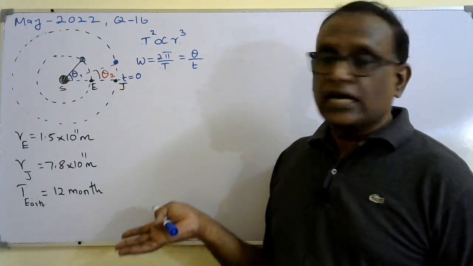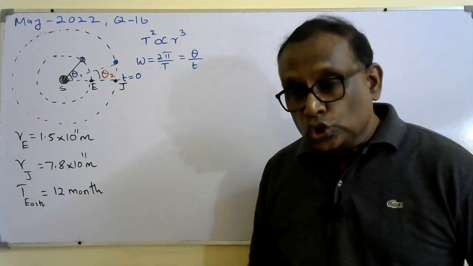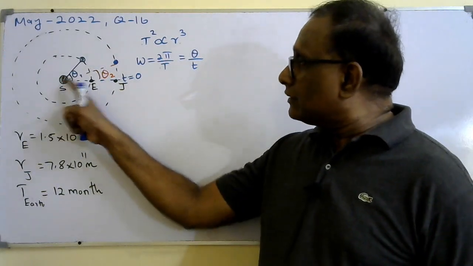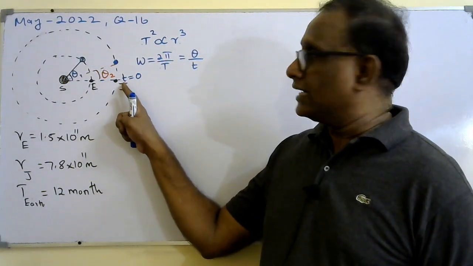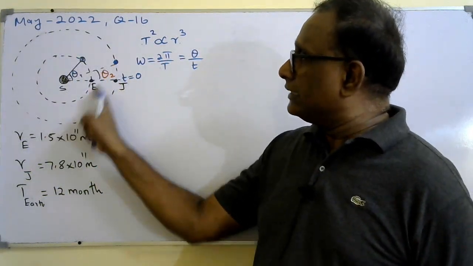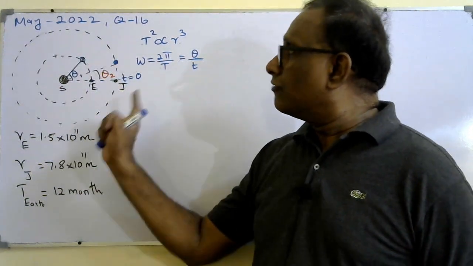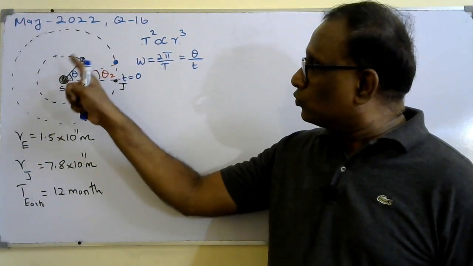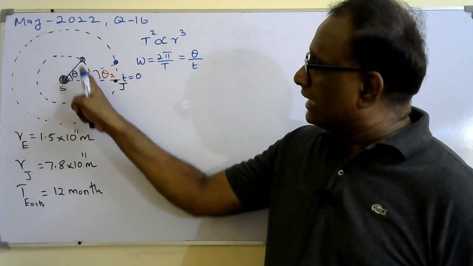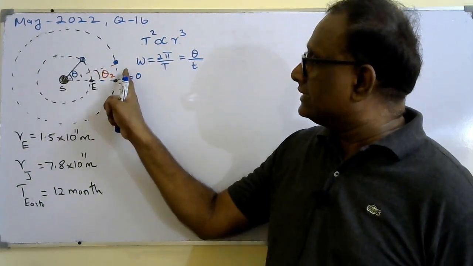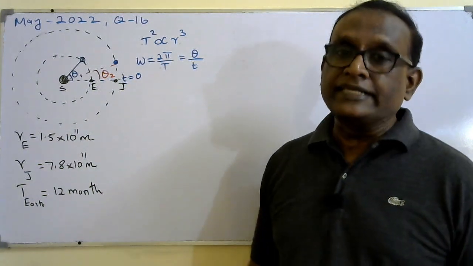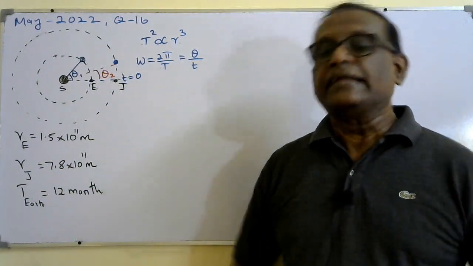We don't know they will meet at the same position, we can't say. Maybe this would have completed 5 orbits, this would have completed 4 orbits, means the change in central angle of the Earth minus change in central angle of the Jupiter, when it is 2 pi, there it will happen again, they will be in opposition somewhere here, we don't know at this position.